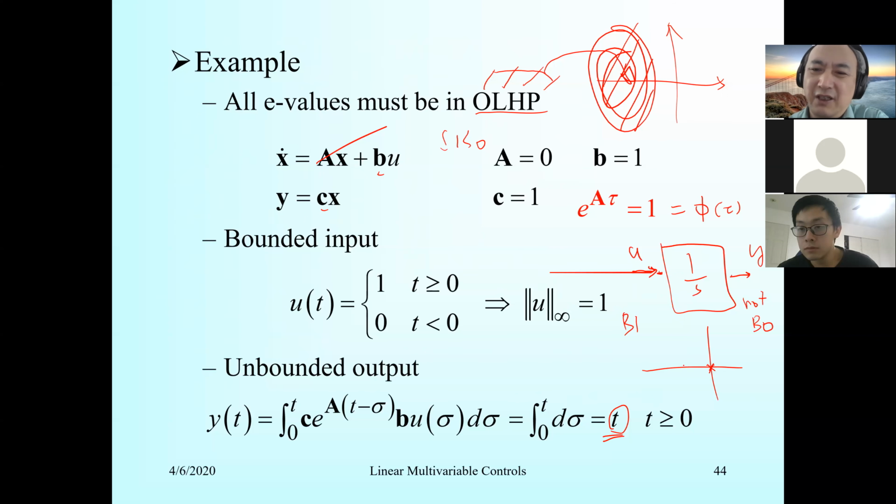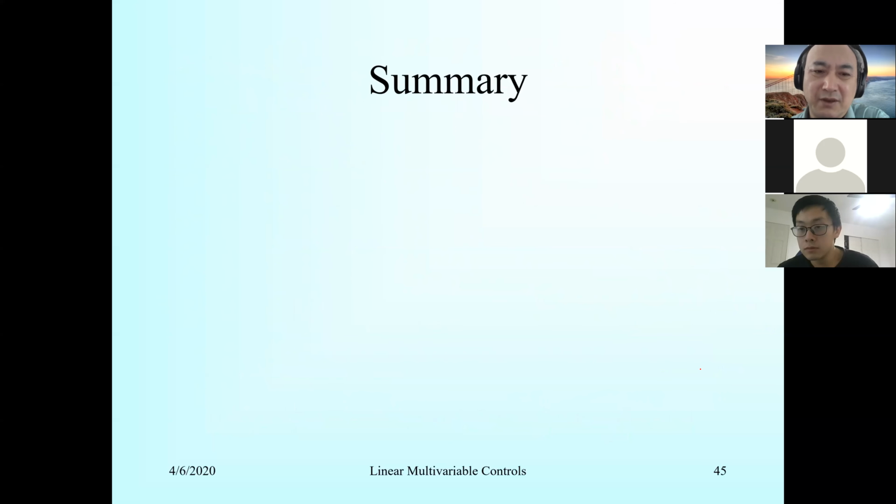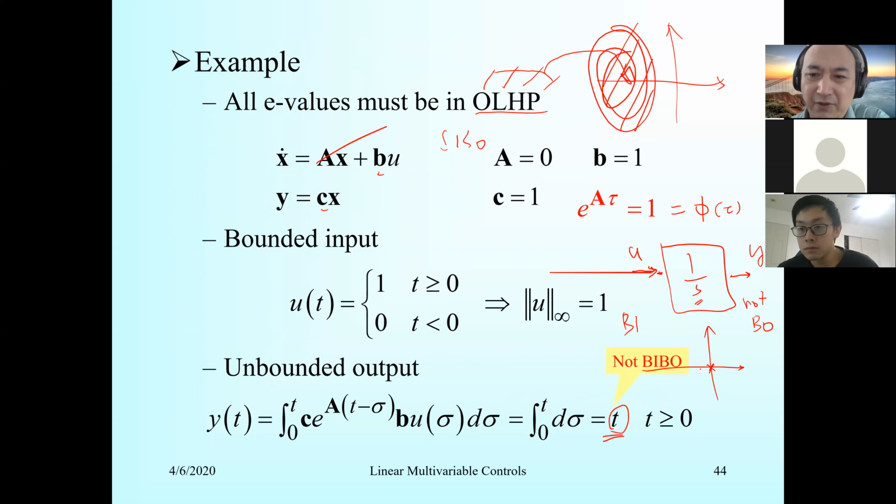This pole is not in the OLHP. It's at the origin, only on the imaginary axis. That's why you violate the BIBO condition. Not BIBO. So before we do the summary, let me ask, what if you have s plus 1 here?